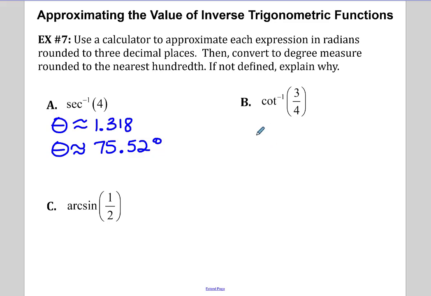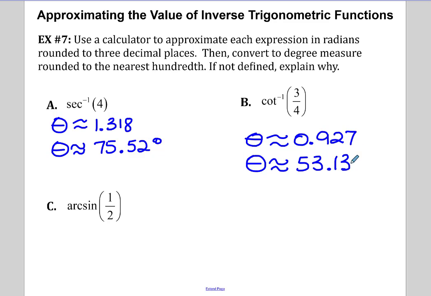So in this case, the radian is about 0.927, and 53.13 degrees.